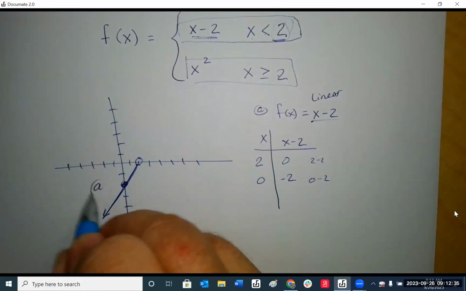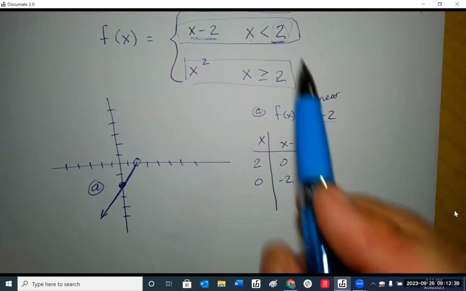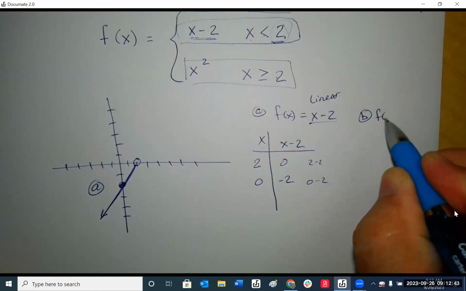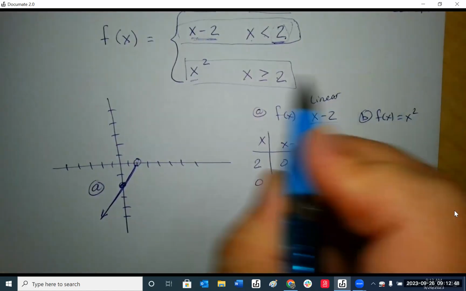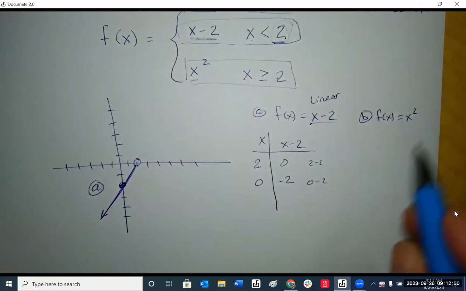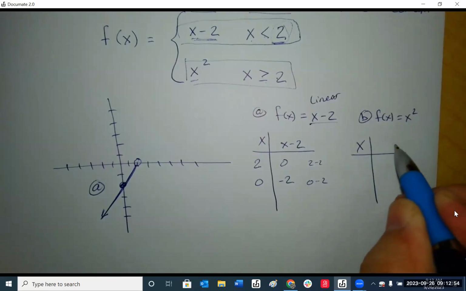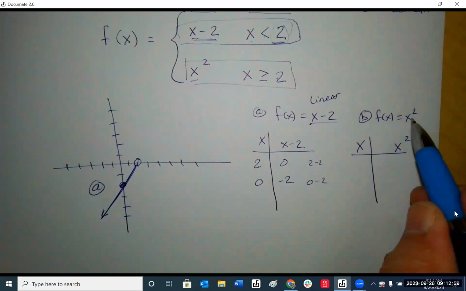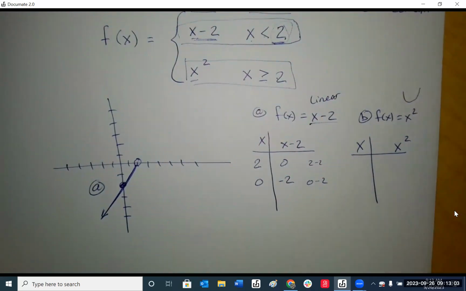This is part A. Part B, I use this equation, x squared, whenever x is equal to or greater than 2. X squared looks like what? It's a parabola. It's a curve.